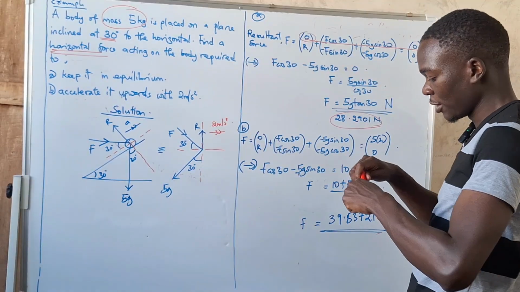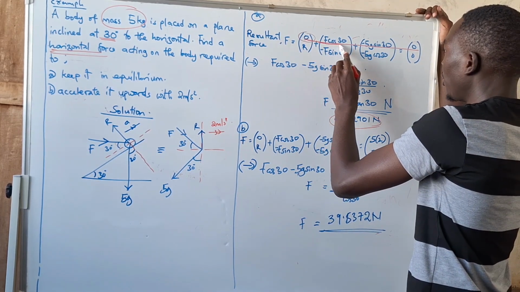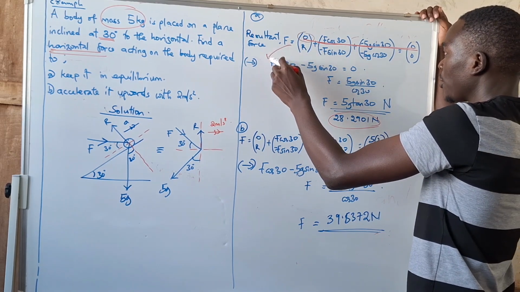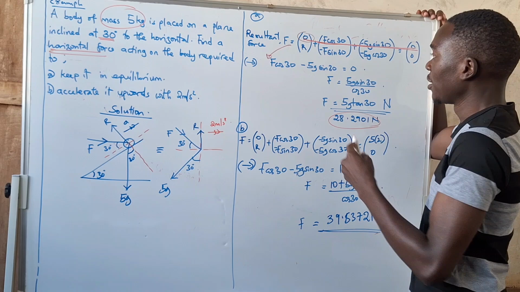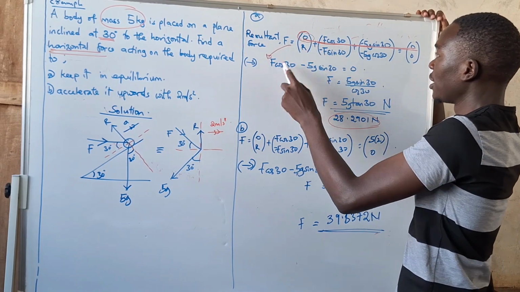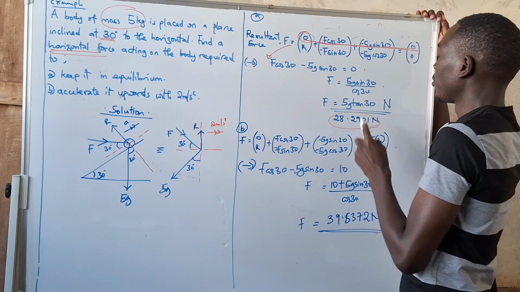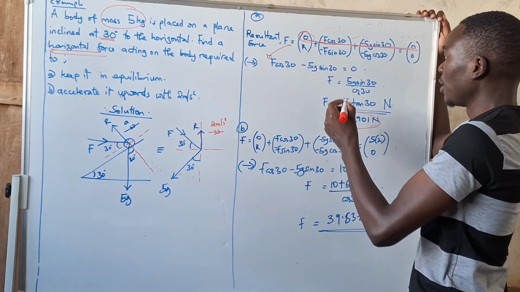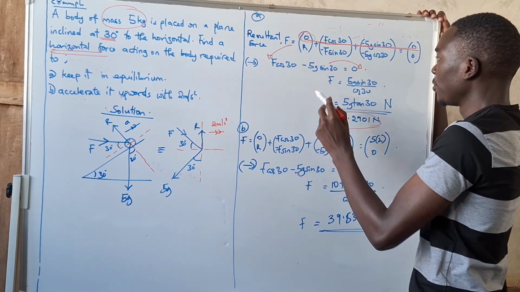We are considering horizontal forces, so the 0 becomes insignificant. So you have F cos 30 minus 5g sin 30 is equal to 0. Definitely, if this one crosses the equal sign, it becomes a positive.